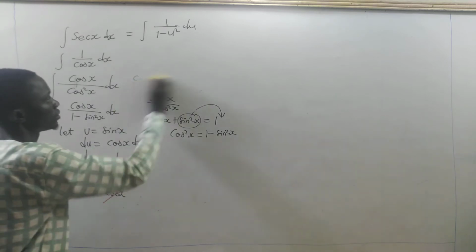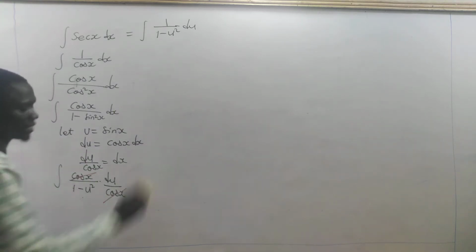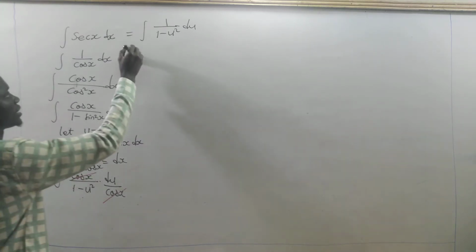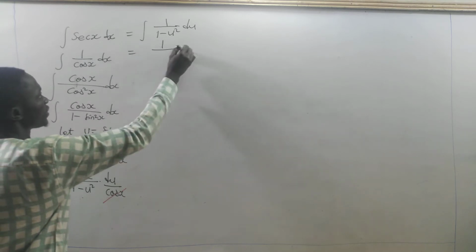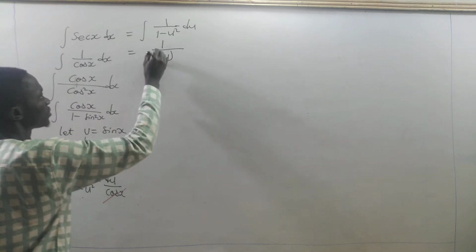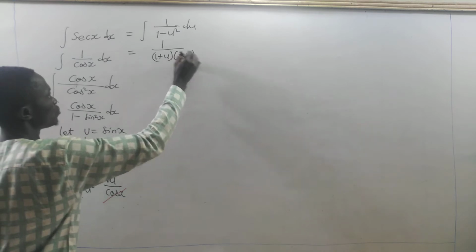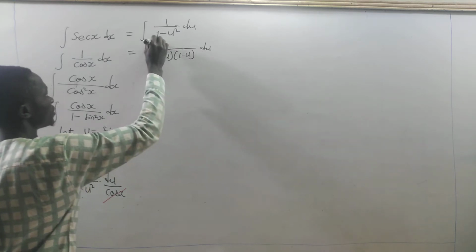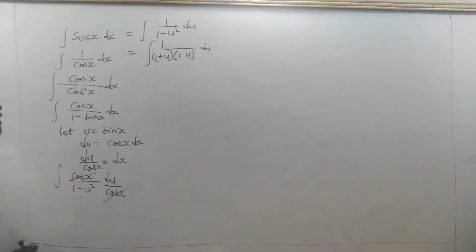Now, here what are we going to have? This is the same as 1 divided by 1 plus u times 1 minus u du. Then bring the integral sign. That's the integral of 1 divided by 1 plus u times 1 minus u du. Why?